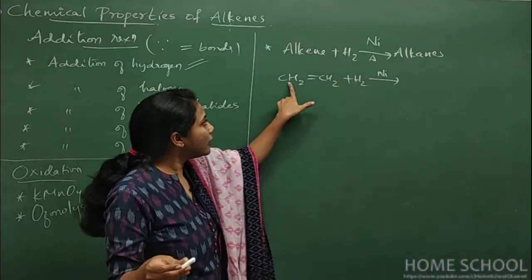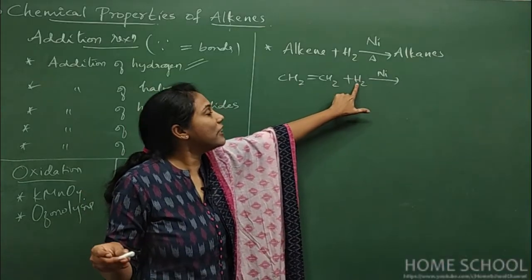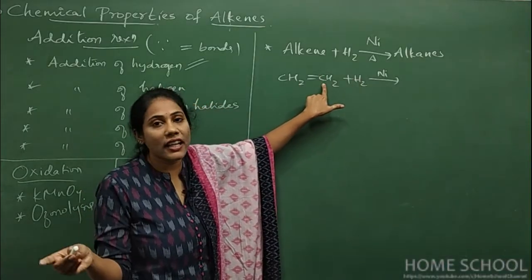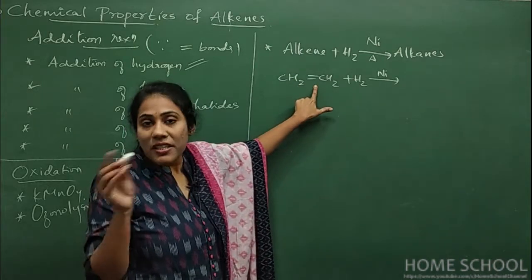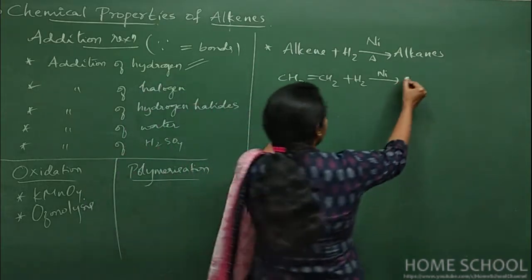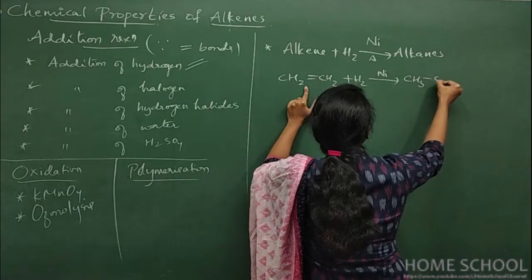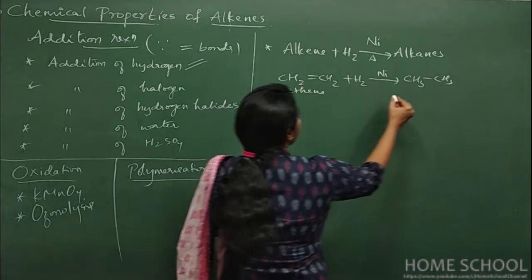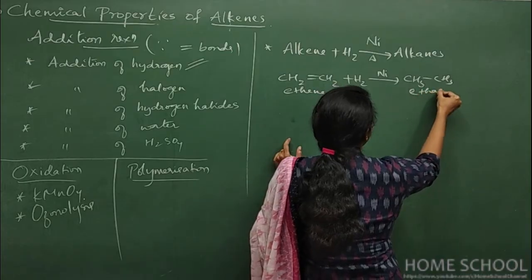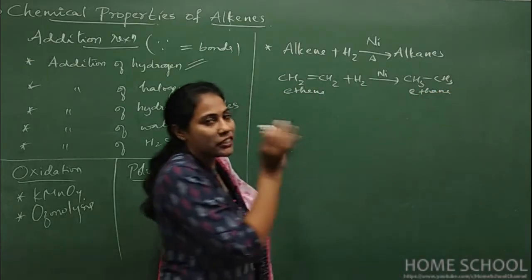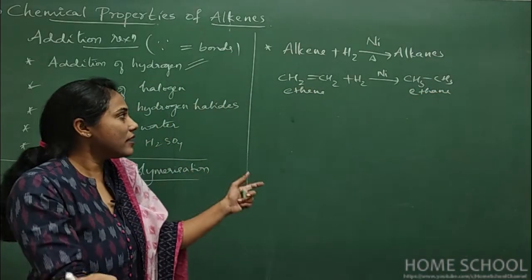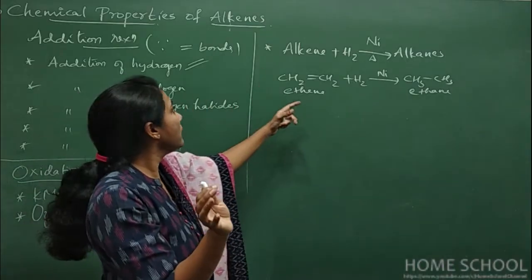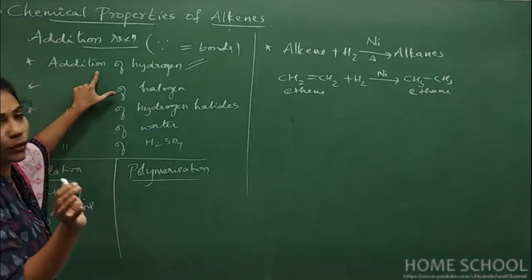One atom gets added to one carbon, the other atom of hydrogen gets added to the other carbon. Double bond becomes single bond. So what is the product you will get? CH3, single bond, CH3. So ethene has become ethane, right? So this is a very general reaction. Everybody knows this. Right? So this is what we call addition of hydrogen.